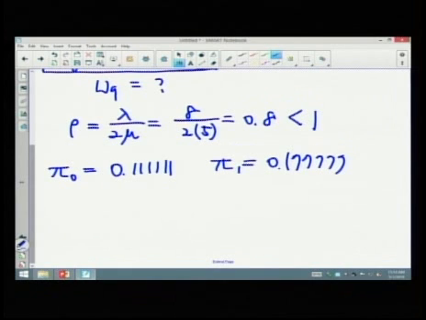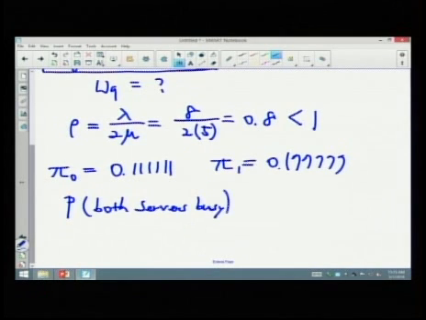So in that case, what is the probability that both servers are busy? We are considering a 2 server queuing model. So it's going to be 1 minus pi 0 minus pi 1.